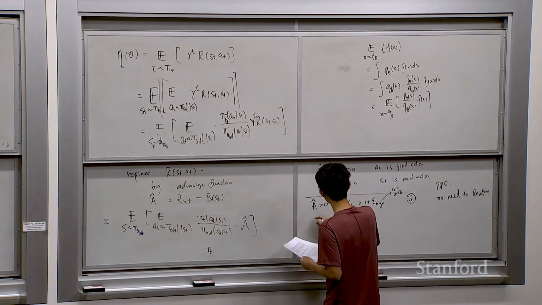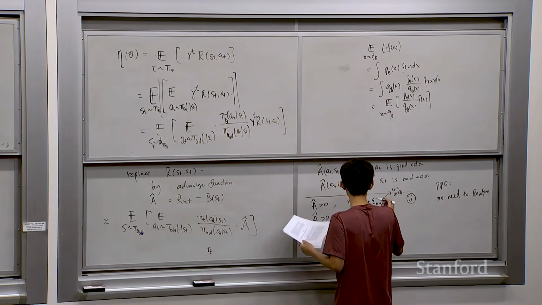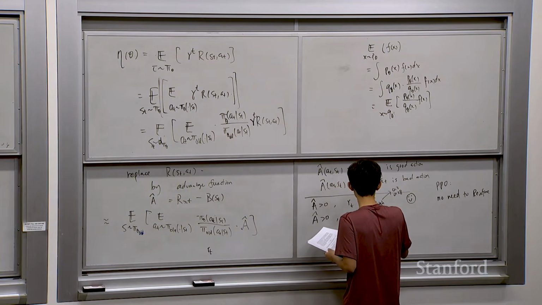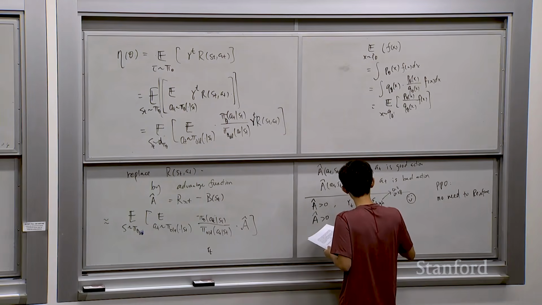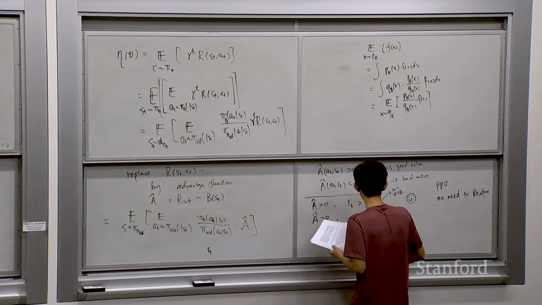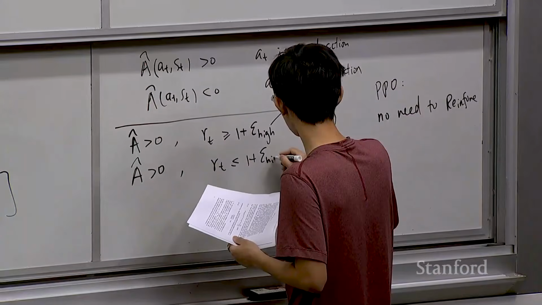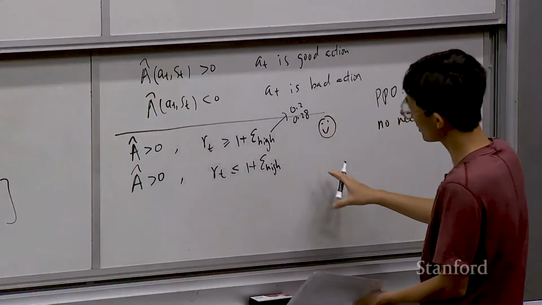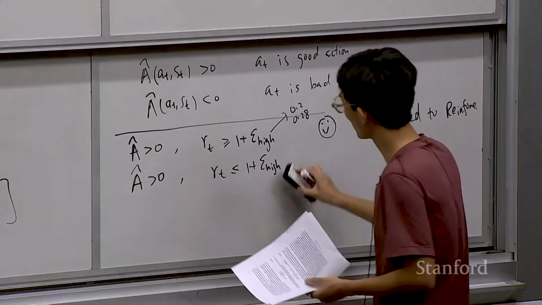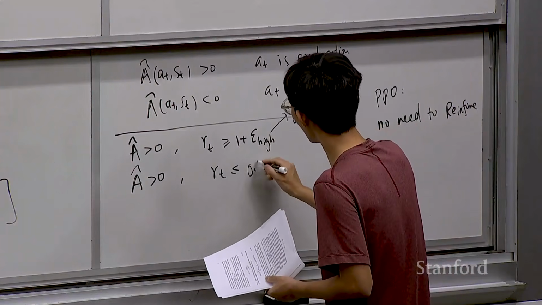In PPO, there's also a case when A hat is big and RT is small, let's say smaller than 1. There are actually many cases, but let's say it's smaller than epsilon high, or for simplicity, smaller than 0.5.